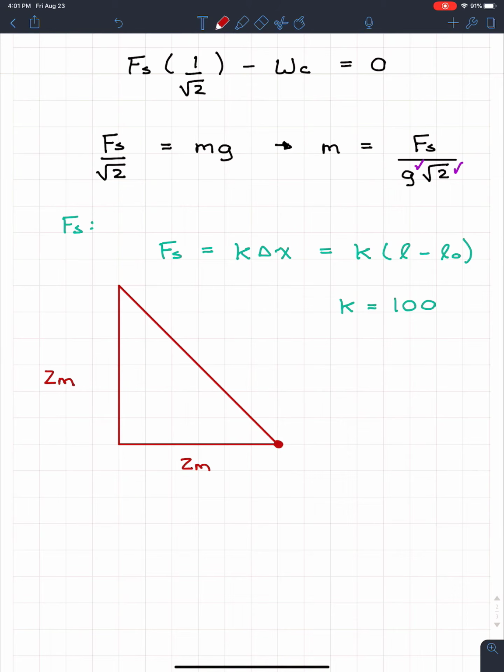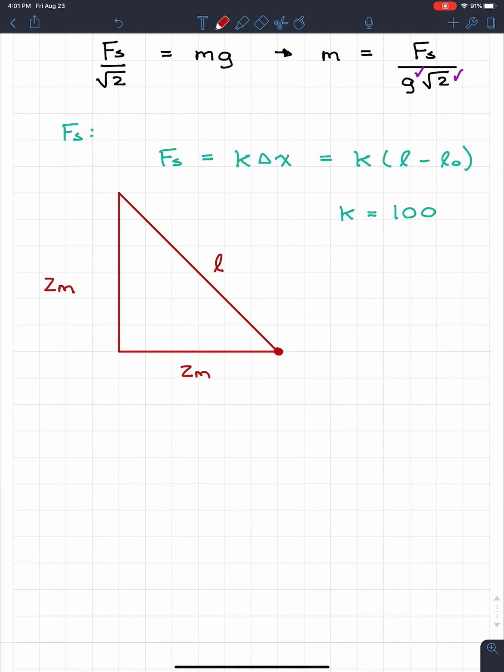What's nice about this is the stretched length of the spring. This distance, that hypotenuse there, is going to be equal to the L that we want, the spring's length after it's stretched. I don't want to say stretched length because usually that means the relative stretching, the distance between the unstretched length and the new length. So it can be kind of confusing really quick.